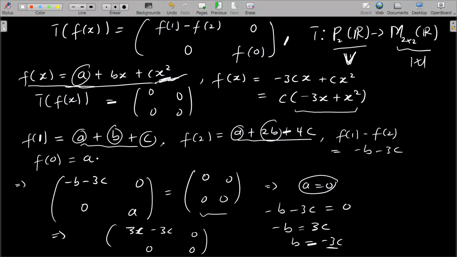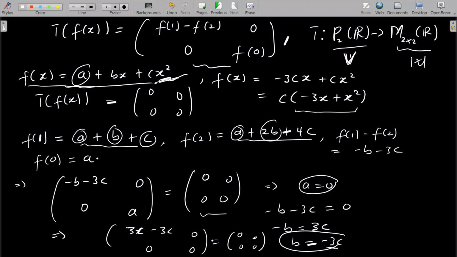So when you plug this thing back, we're going to have 0 0 0, right? What it means is that when you pick c equal to 1 and you find f of 1 and plug them here, you get 0. That's what the whole thing means, right?